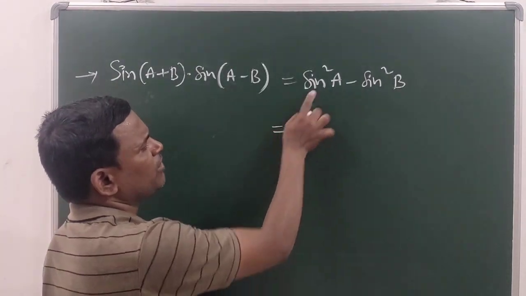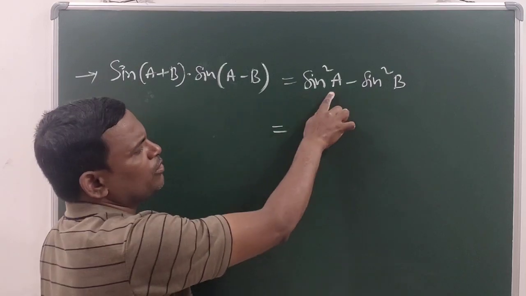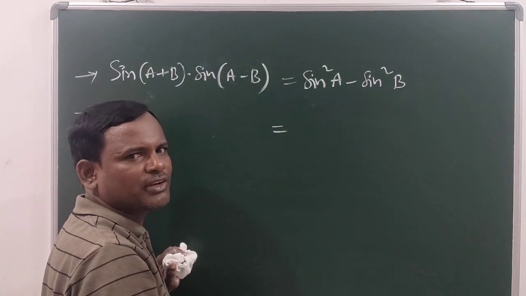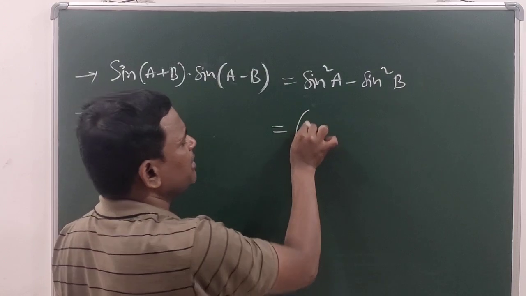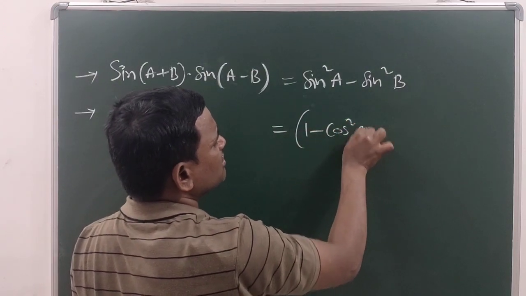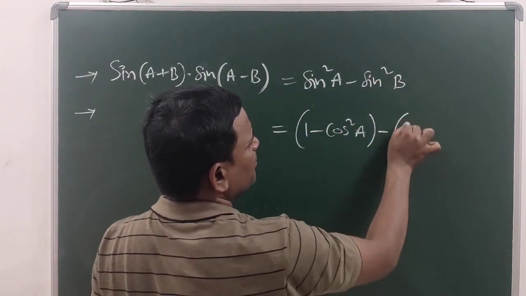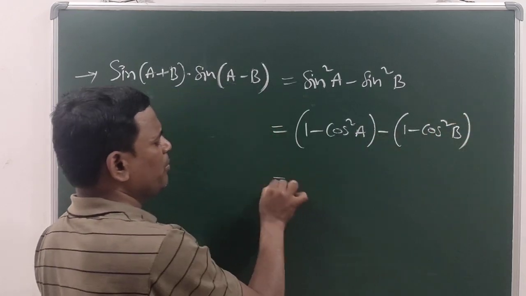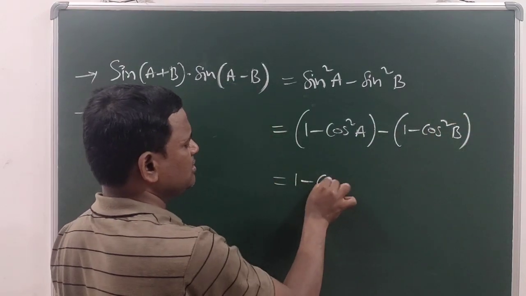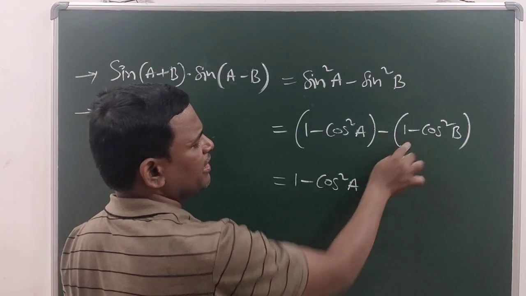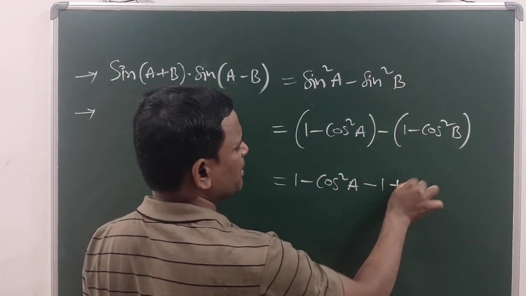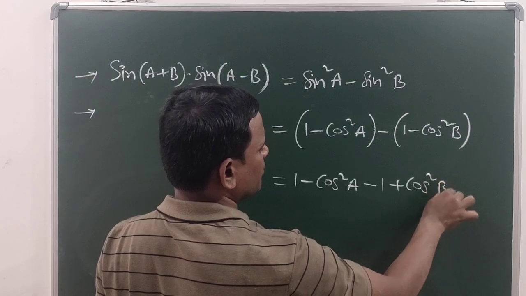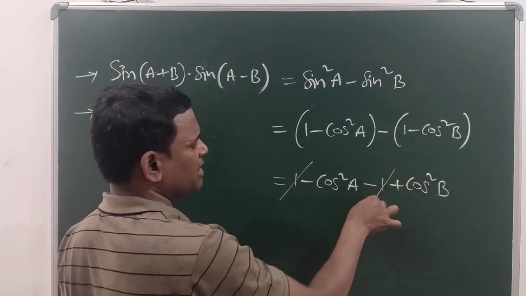Suppose this result if you want in terms of cos, as per the first identity of trigonometry, sin square A can be written as 1 minus cos square A, and minus sin square B can be written as 1 minus cos square B. Now open this bracket: 1 minus cos square A, here it is minus into minus, plus cos square B. So plus 1 minus 1 cancel.